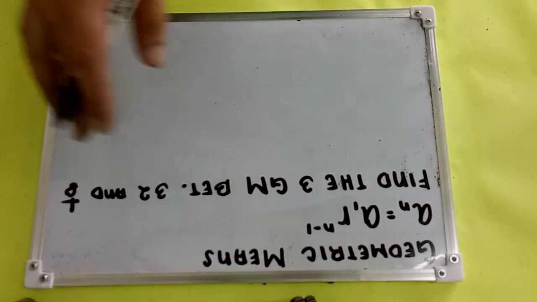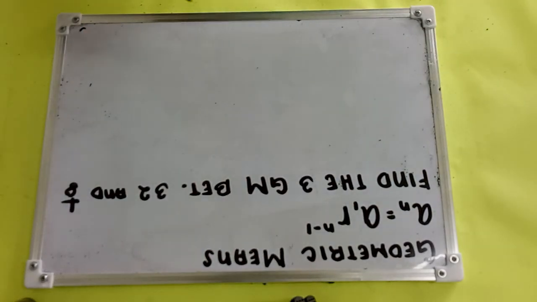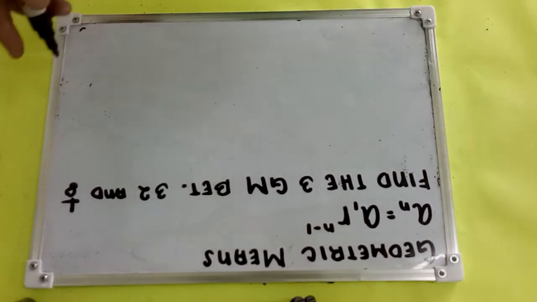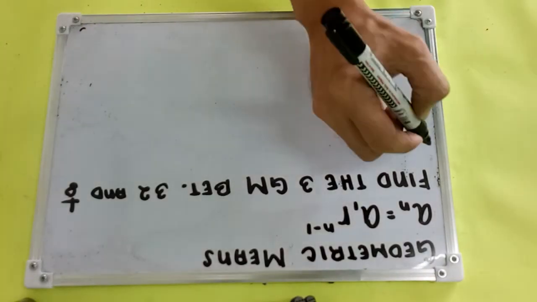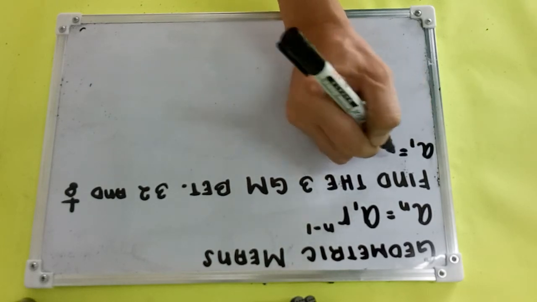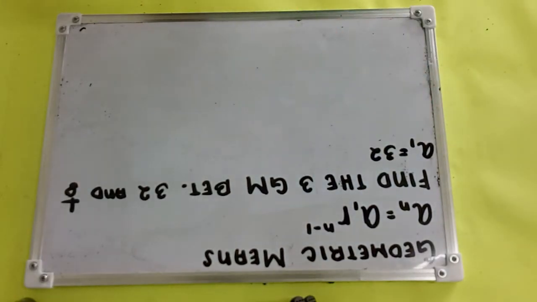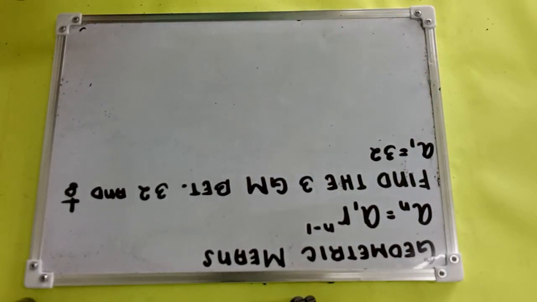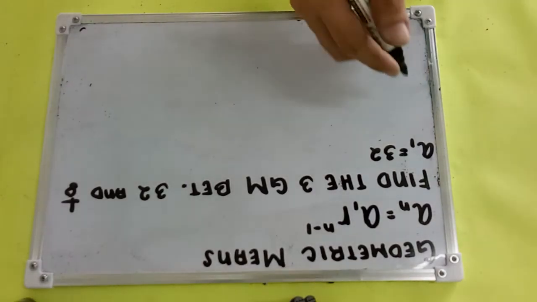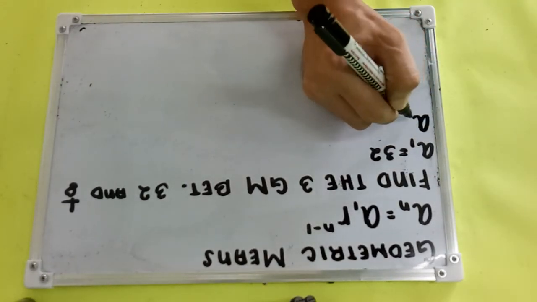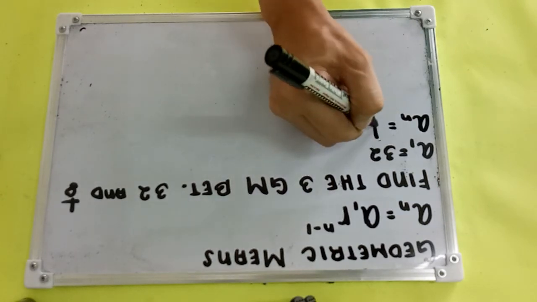So, based dito sa ating instruction, we have to find three geometric means between 32 and 1/8. So, between 32 and 1/8 means our first term is 32. And our last term, or a sub n, is 1/8.